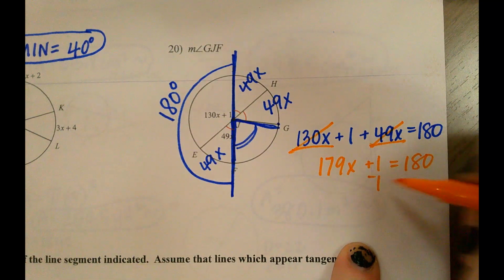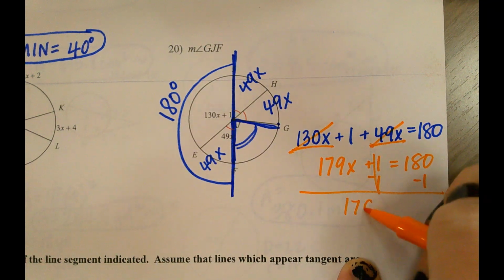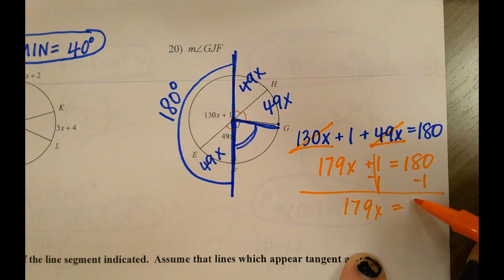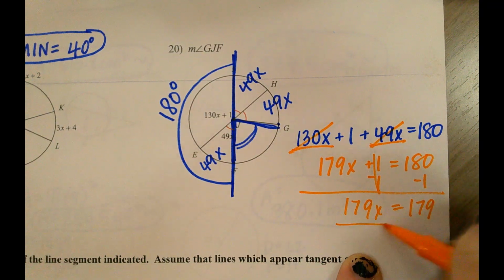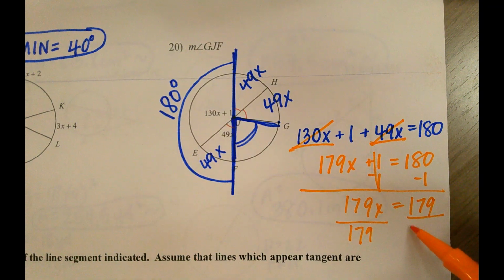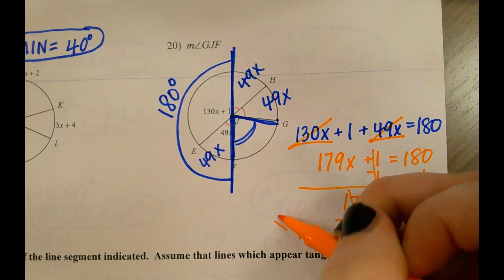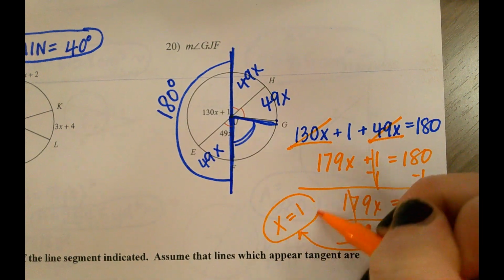Subtract 1. 179x equals 179. What's my x value going to be? 1. Good. Those end up essentially canceling out. We get x equals 1.